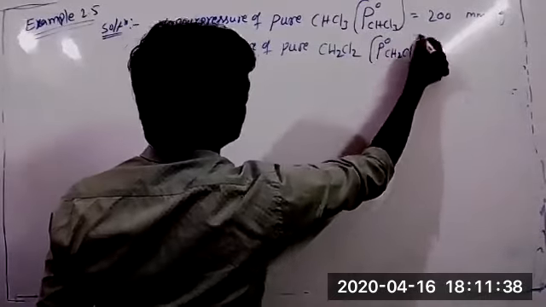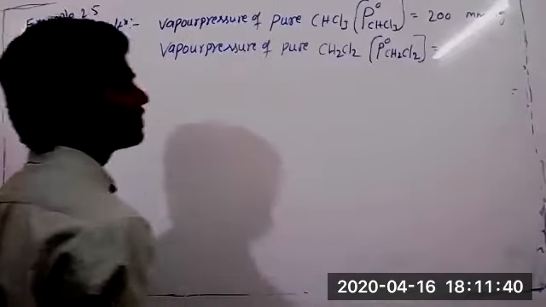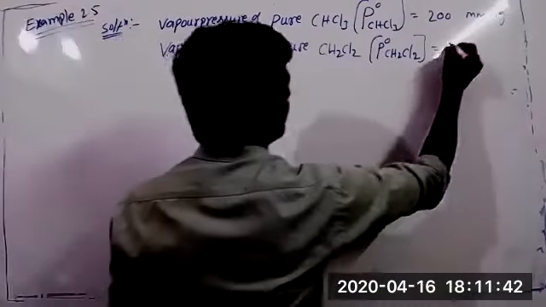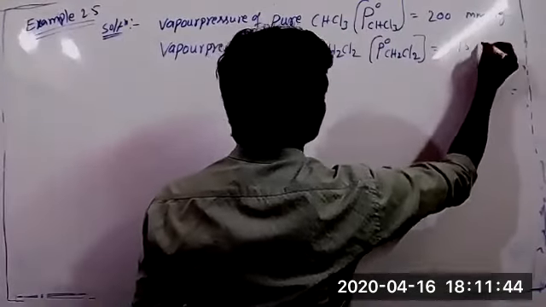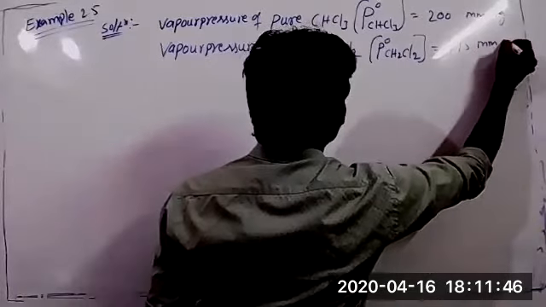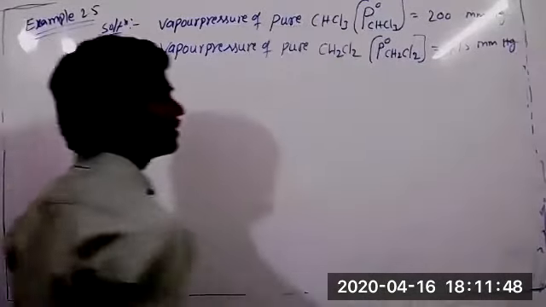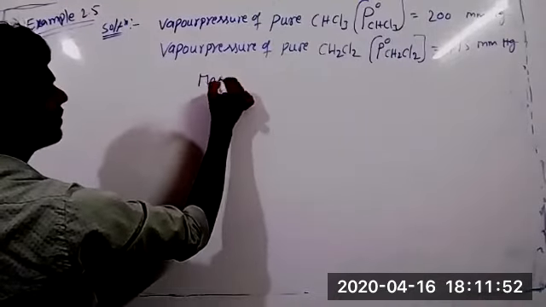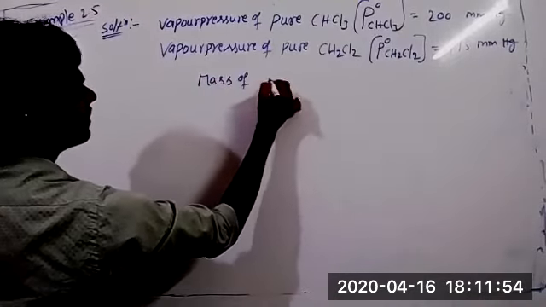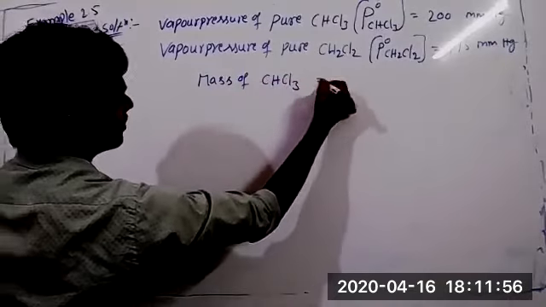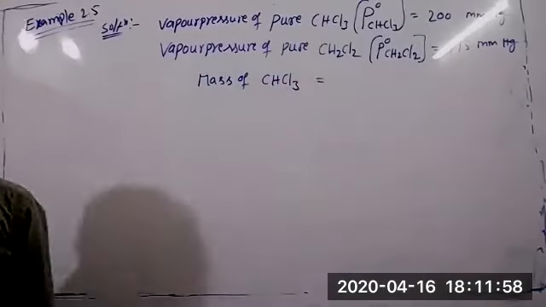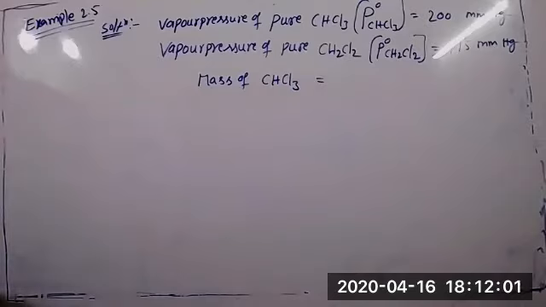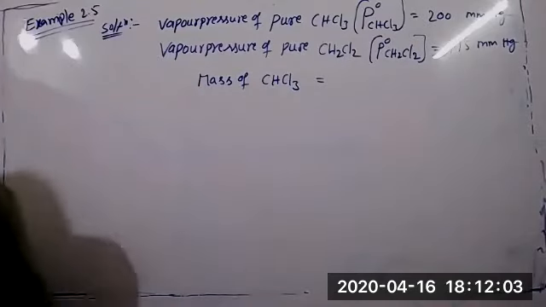How much? 415 mmHg. Then mass of CHCl3, 25.5 grams.